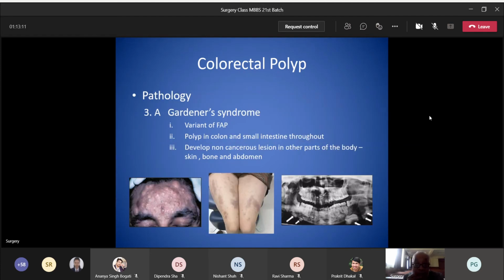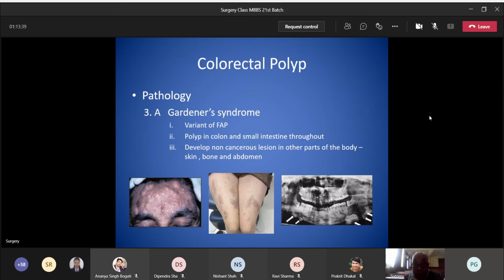And Gardner syndrome is a familial adenomatous polyposis variant. Polyps are throughout the colon and small intestine, and they have other lesions also in the skin, bones or abdomen. You see, there are multiple swellings in the scalp, patchy areas, and you can see lytic areas in the dental area or in the gums.